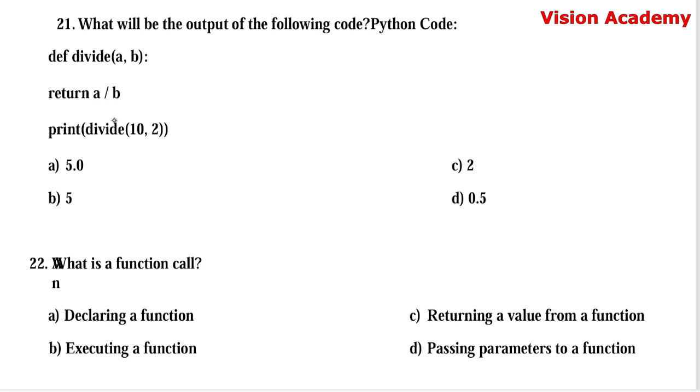So now we are calling this particular function definition in a print statement by passing the arguments 10 and 2. 10 is substituted in place of a, 2 is substituted in place of b. Here 10 divided by 2, that gives me 5. So actually it is returning value 10 divided by 2, that gives me 5.0. It takes the real number, hence option A is the right answer.